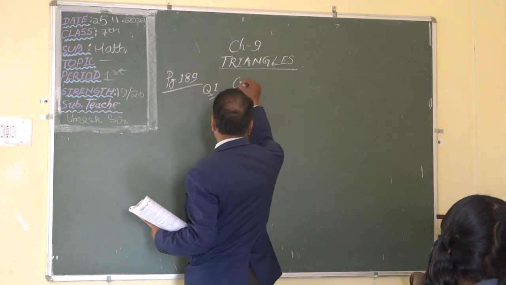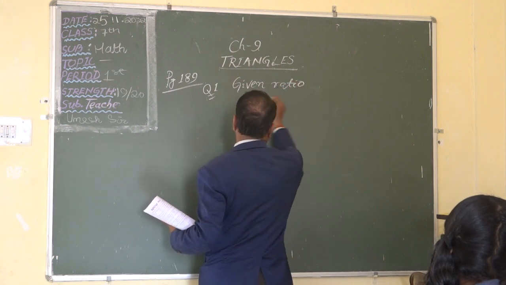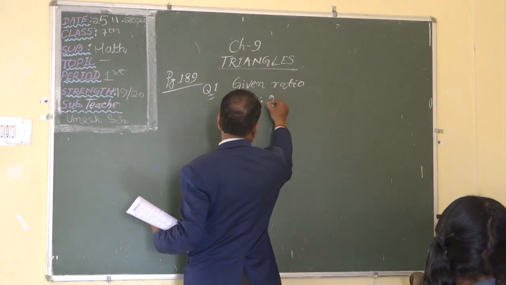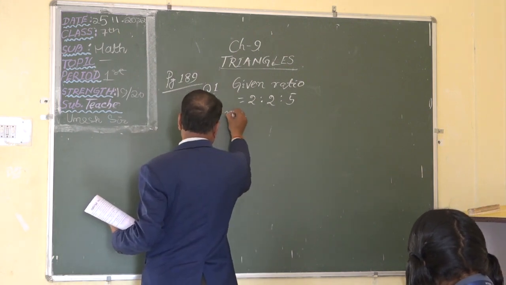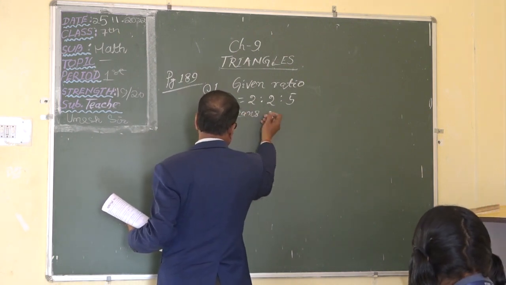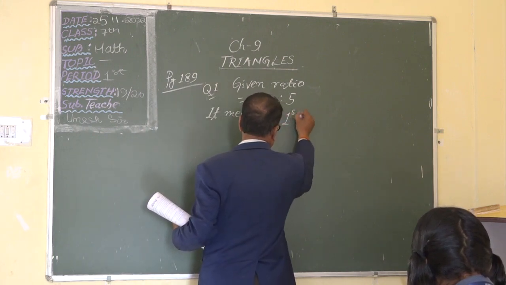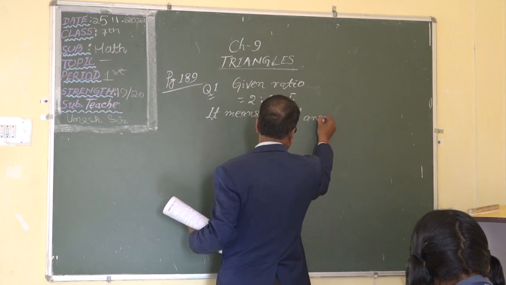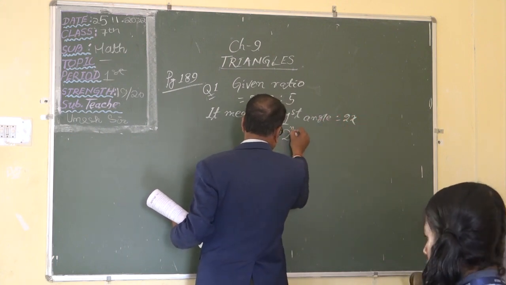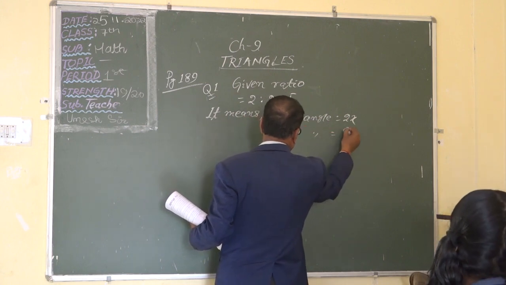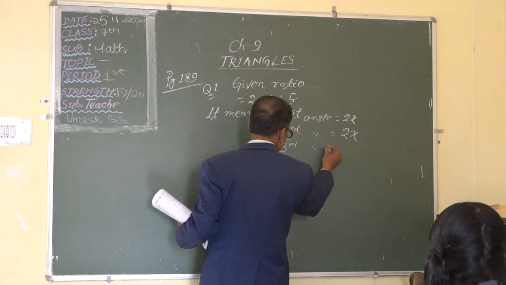So, given ratio, how much? Given ratio is equal to 2:2:5. What does it mean? It means if the first angle is equal to 2x, the second angle also is equal to 2x, and the third angle is equal to 5x.